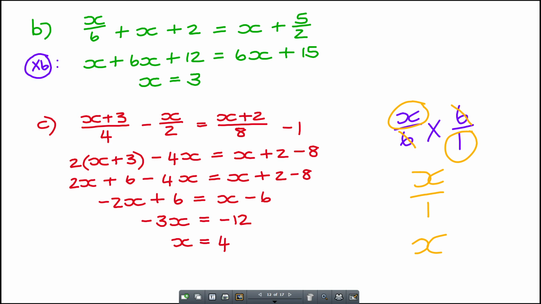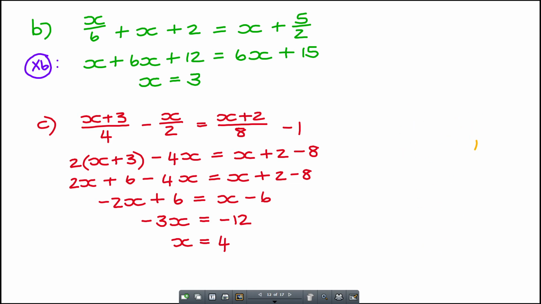Now, okay, then if I multiply the x with 6, I get 6x. The 2 times 6, 12. X times 6, 6x. And now this one I'll show as well. You had 5 over 2. So if I multiply that with 6 over 1, what's going to happen is 2 will go in once, 2 will go in 3 times.